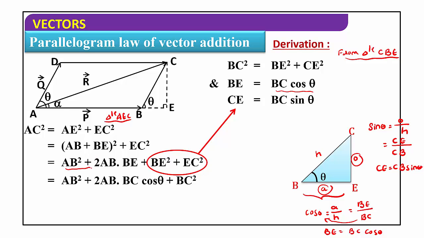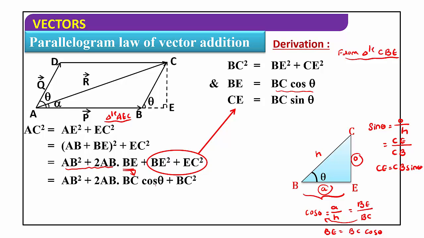Now observe the equation: AB square plus 2AB into BE. Here, in place of BE, we can write BC cos theta. Then, in place of BE square plus EC square, what to write here?